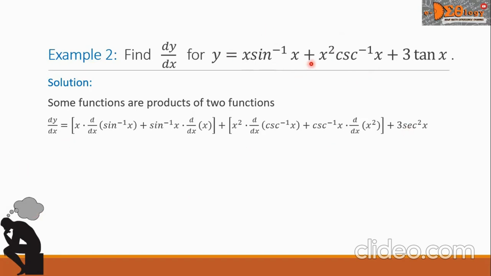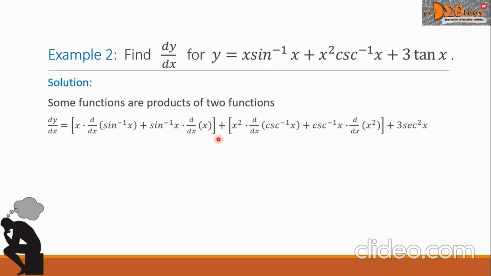For this function, the derivative now is we take the x times the derivative of the second function plus we copy the second function times the derivative of the first function.